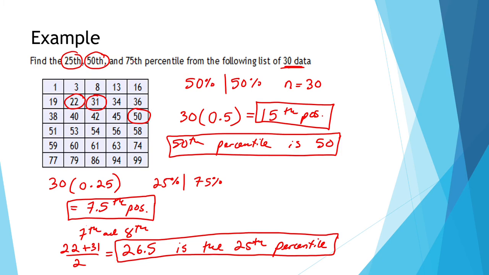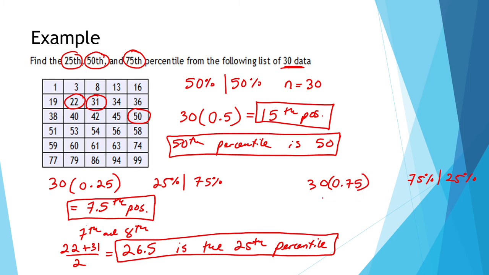For the last question, the 75th percentile, we're looking for a number that has 75% of the data below it and 25% of the data above it. So we'll use the same process. We'll take 30 and multiply it by 0.75 because I want to look for the 75th percentile.